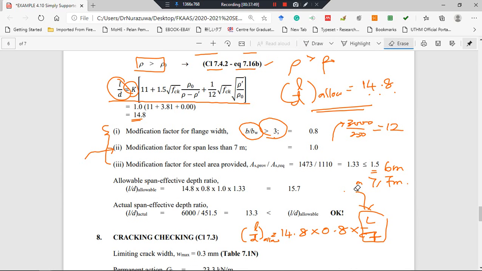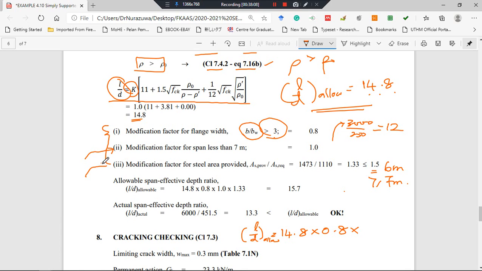Thus, no need to modify the L over D allowable based on the span. So this is equal to 1. If there is no modification due to the span, here is 1, or you don't need to write anything.